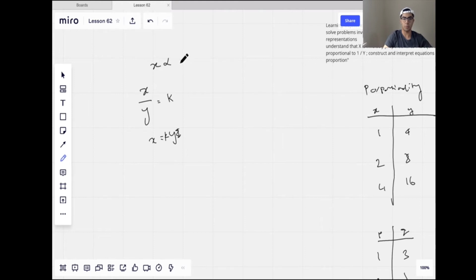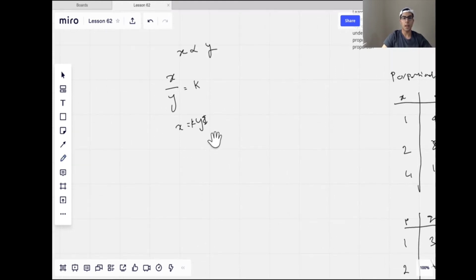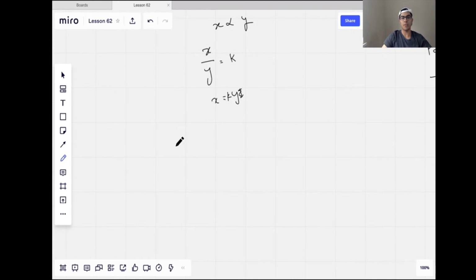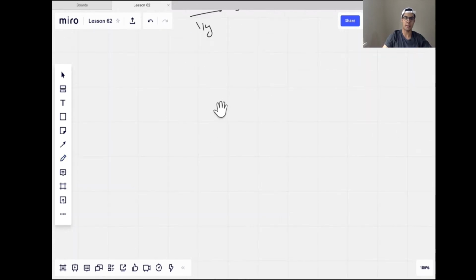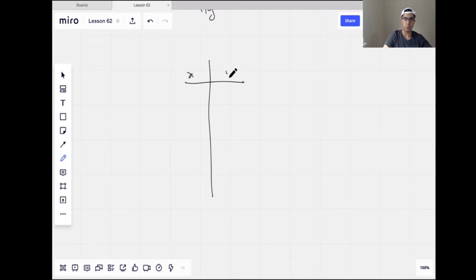For inverse proportionality, what we have is the ratio of x to 1 over y is constant for every term. So for example, if I had some x and y like this: if x is 1, y is a half. If x is a half, y is 2.